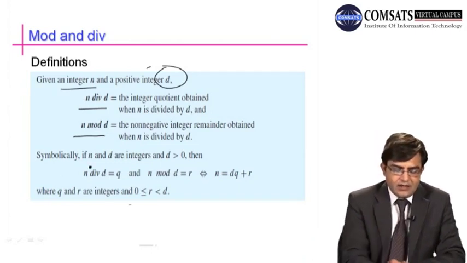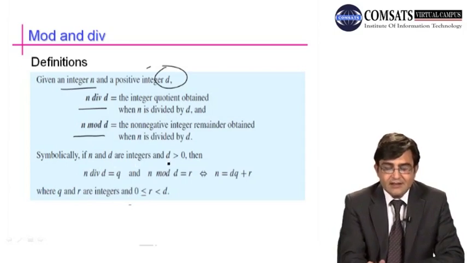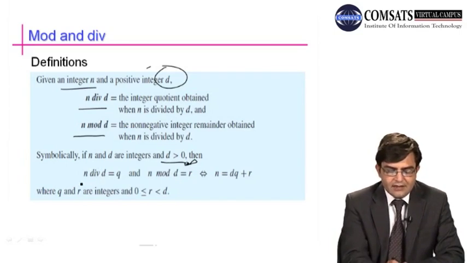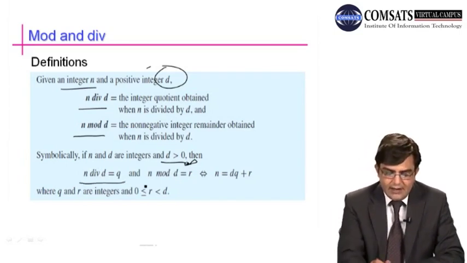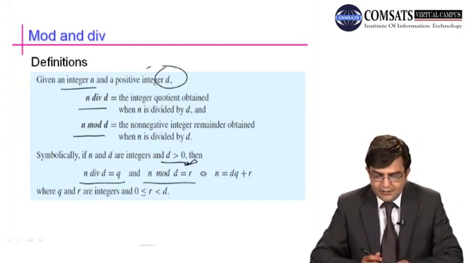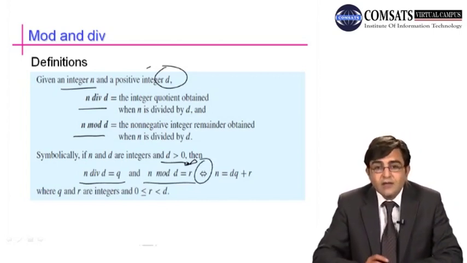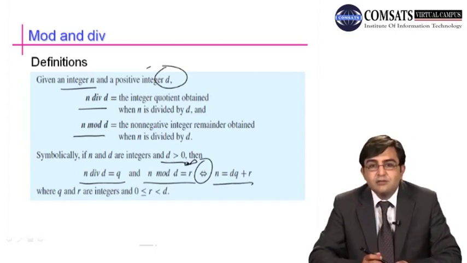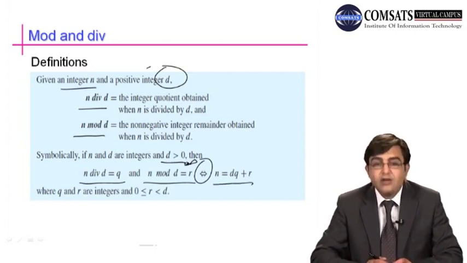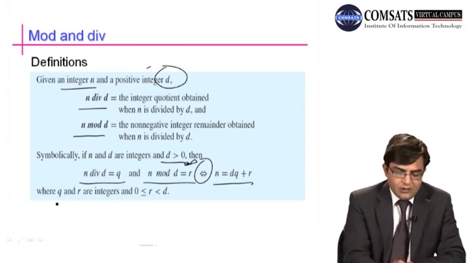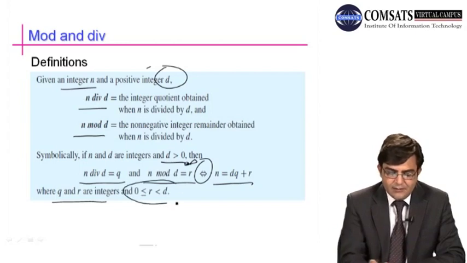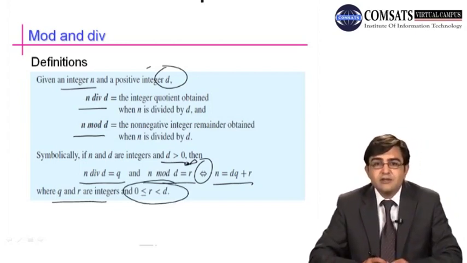Symbolically, if n and d are integers and d is greater than 0, then n div d is the quotient and n mod d is the remainder if and only if n is equal to dq plus r, which we have seen in the division algorithm, where q and r are integers and r must be greater than or equal to 0, but less than the divisor.